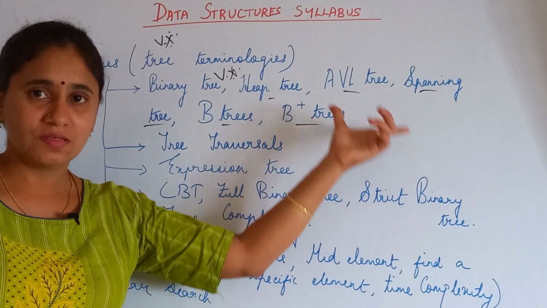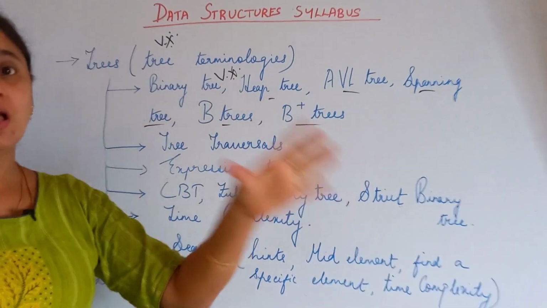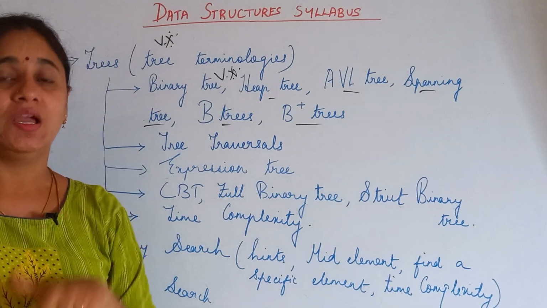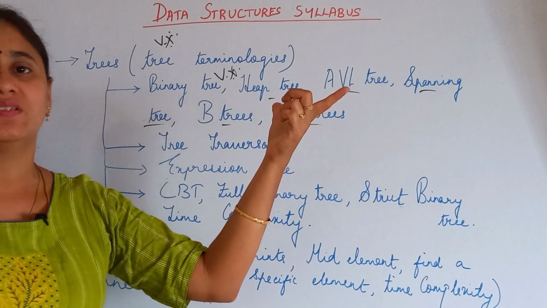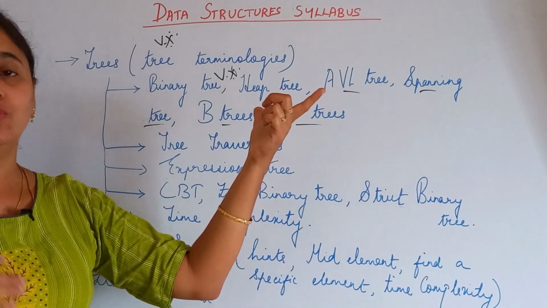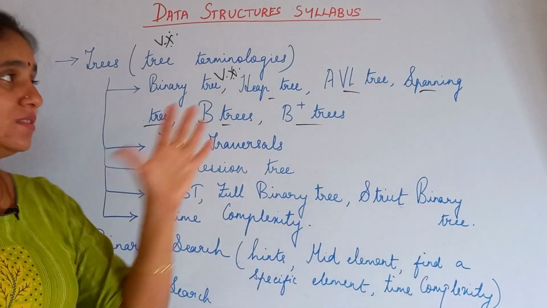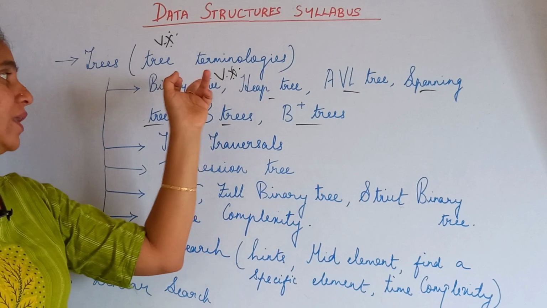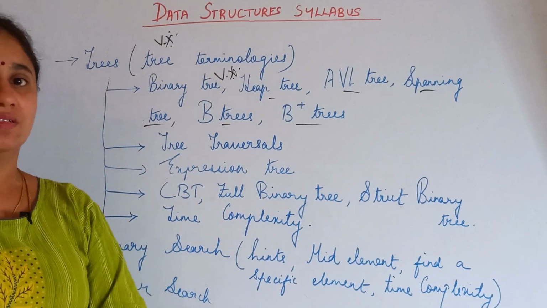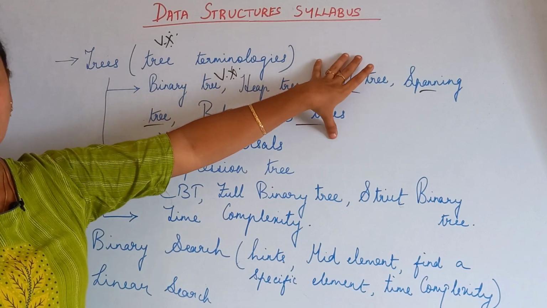Under these different types of trees, we are going to discuss how we construct a binary tree, how we carry out different important operations, that is, question-wise, what are the different types of operations that we carry out in a tree. All these things we are going to discuss. AVL tree, heap tree and binary tree are all very important, friends. So we are going to have a complete study of this, right?